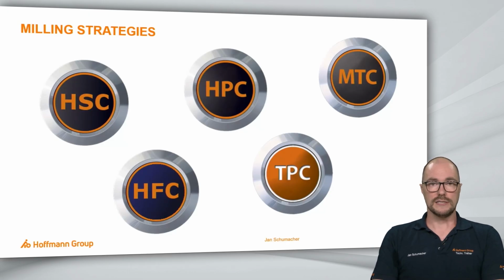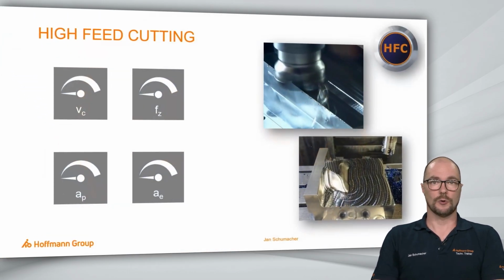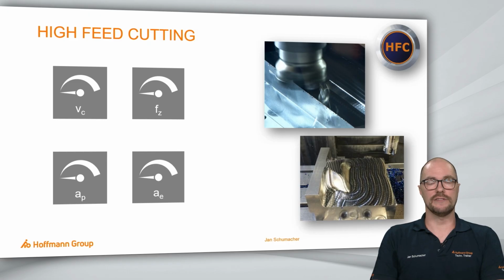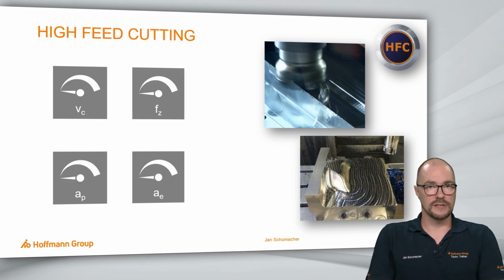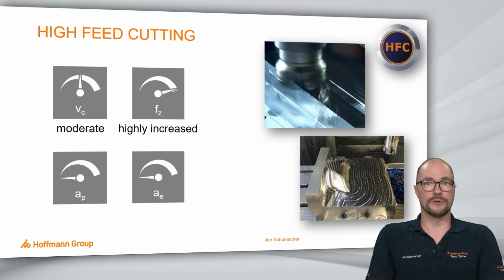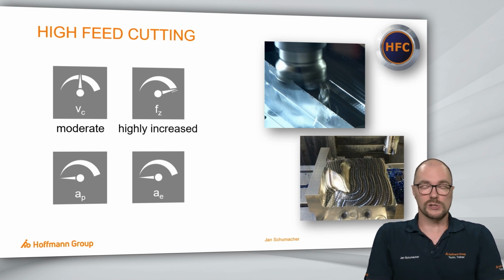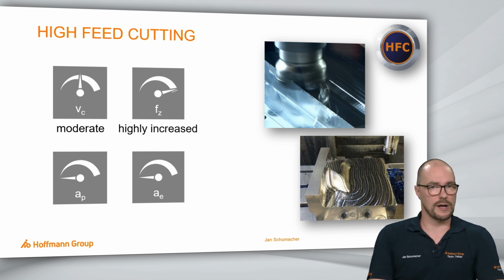Next on our list is HFC, which stands for high feed cutting. Let's have a look at the process parameters of high feed milling strategy once more. Cutting speed is in a moderate range. Feed per tooth is highly increased. What is highly increased, you ask?